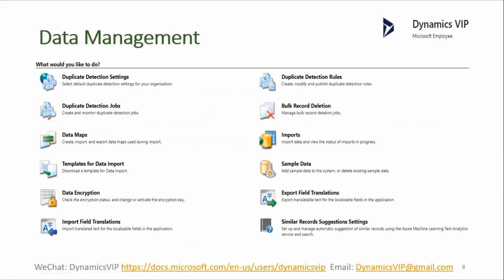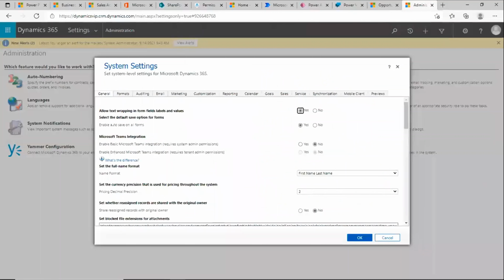Now let's come back to see if the loading completed. Okay, so now system settings is available here. We can see there are multiple tabs available. The first one is general. If we don't have Teams integration, we turn it to off, no. So for any functions we don't use, we turn it off to no. Text wrapper, we understand.